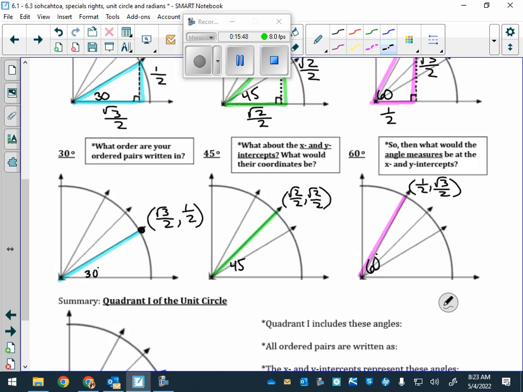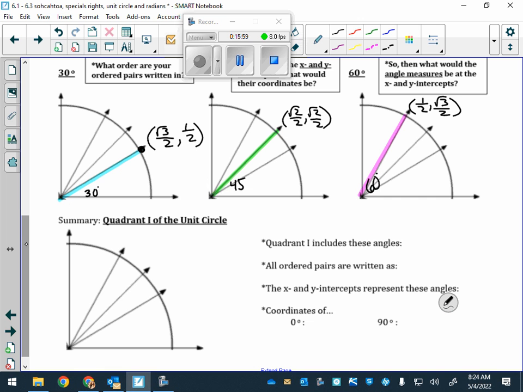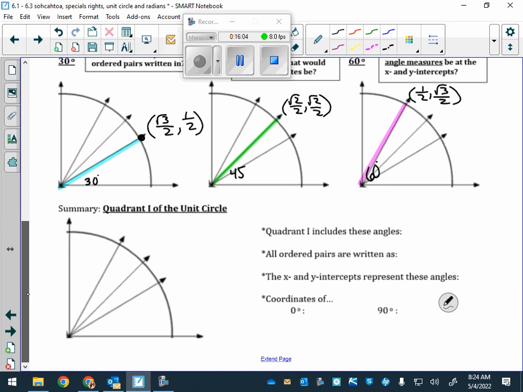Okay, so we're almost there. We have 3 out of the 5 pieces for the first quadrant. We have to figure out what the x and y intercepts are. Before we do that, I want you to do the same thing, however, write them all together.